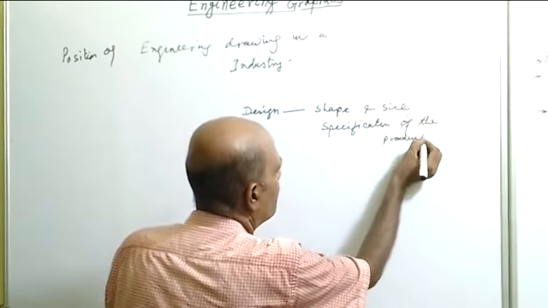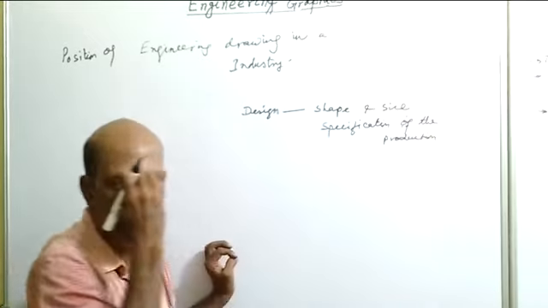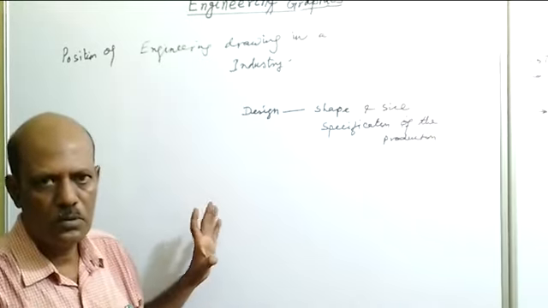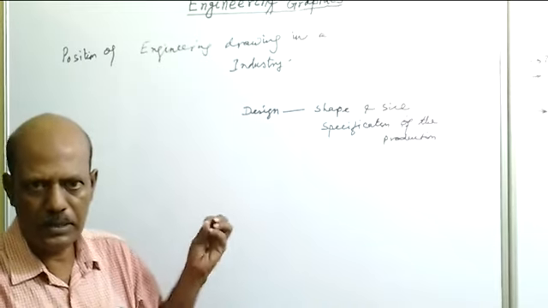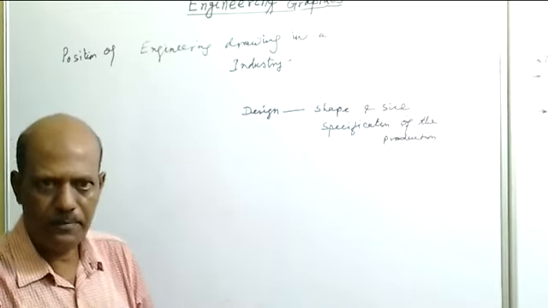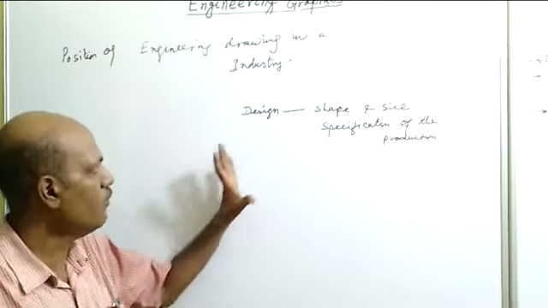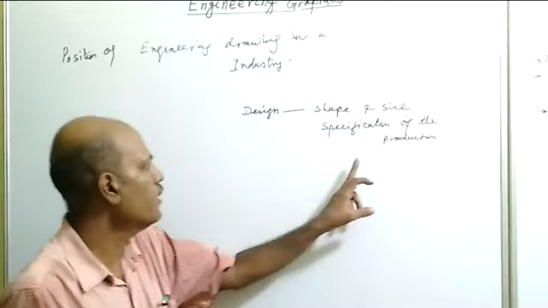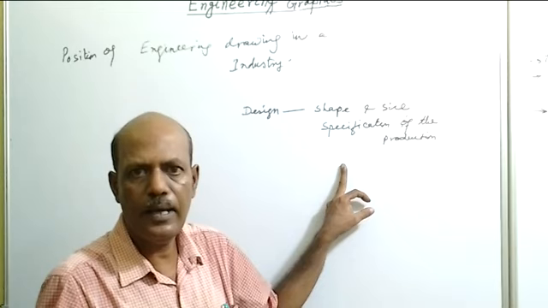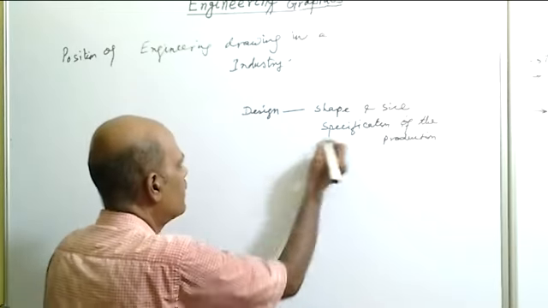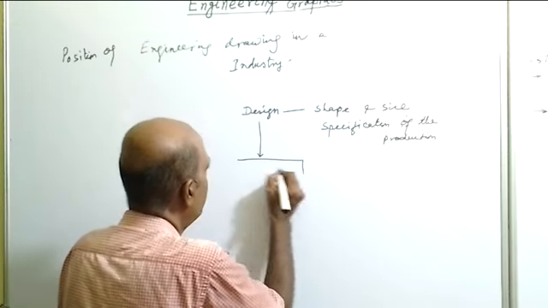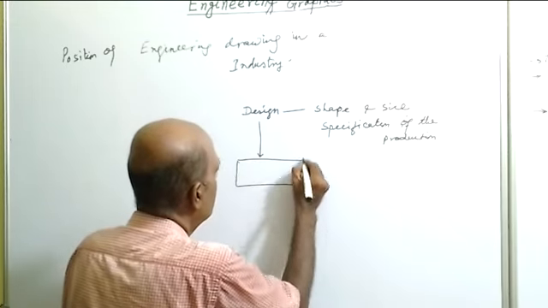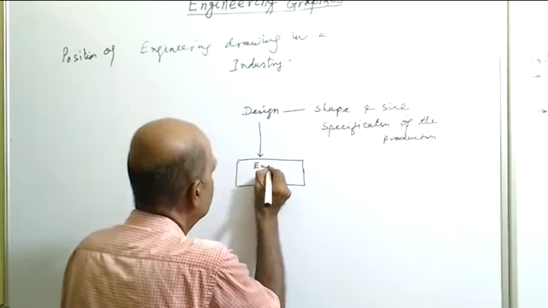So the specification of the product in the form of notes: what should be the length, the width, the height, or the position of holes, the diameter of holes, everything. All the specifications are given by the designer about the product. That specification is translated by the drawing department, that is engineering drawing.